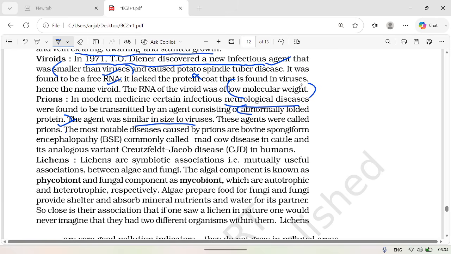The most notable disease caused by prions is bovine spongiform encephalopathy, a disease affecting the brain in cattle, called mad cow disease, or BSE. Its analogous variant is Creutzfeldt-Jakob disease, CJD, in humans.